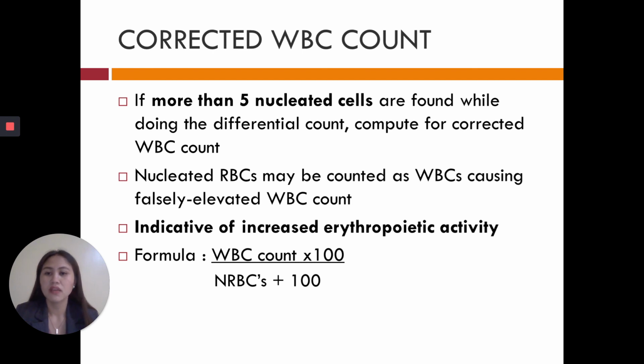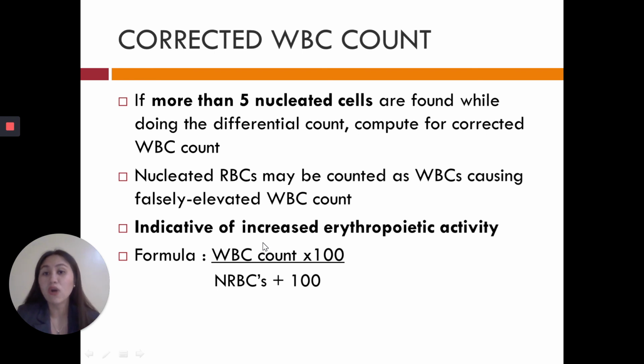So if you have performed the corrected WBC count because there are more than 5 nucleated RBCs, and the WBC is still high, that is indicative of increased erythropoietic activity. Why? Because a nucleated RBC is an immature RBC.